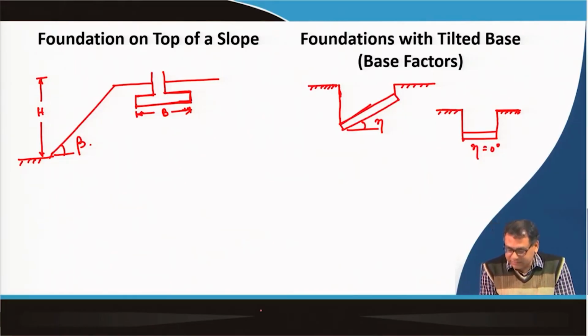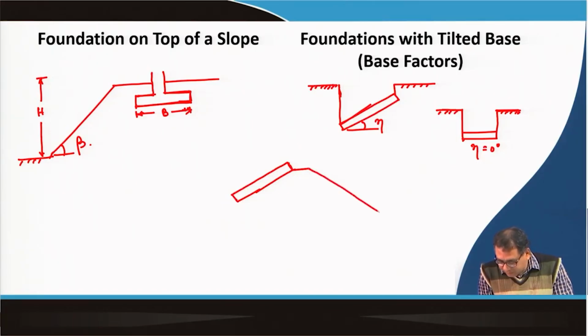For example, like this, this is a tilted foundation, and it is on the slope also, okay, with an angle of beta, say, but at the same time it is tilted.